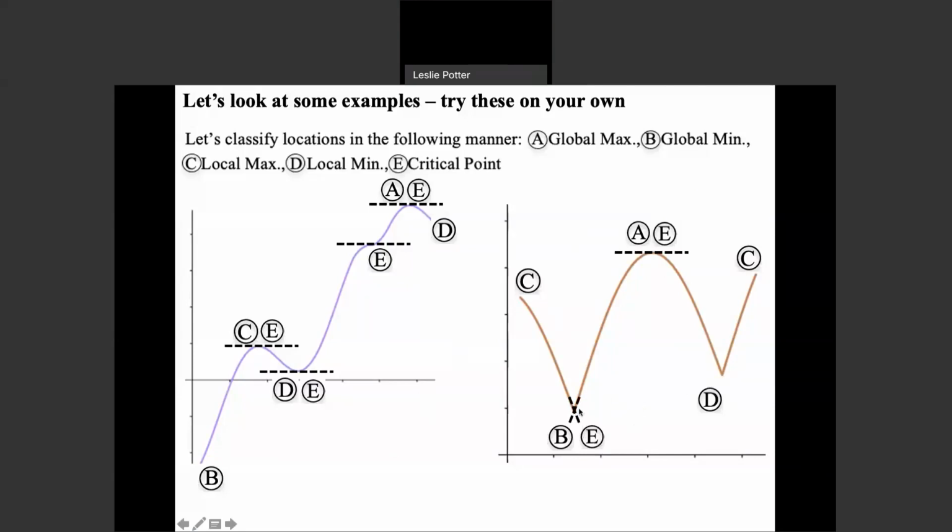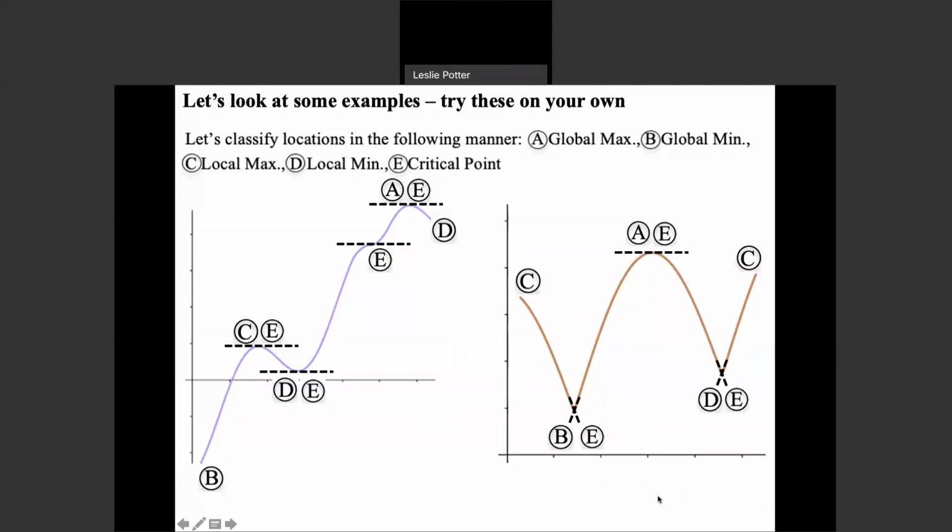We've got two different curvatures coming together here at a sharp pointy point, for lack of a better word. And since the derivative is undefined there, that is also a critical point. And likewise over here, the derivative is undefined at that cusp, so it is also a critical point.